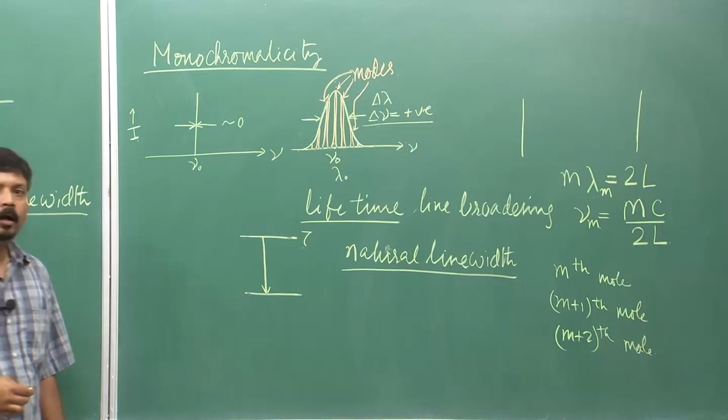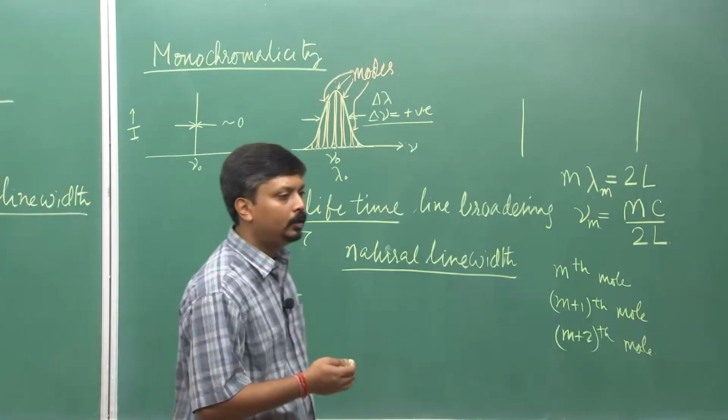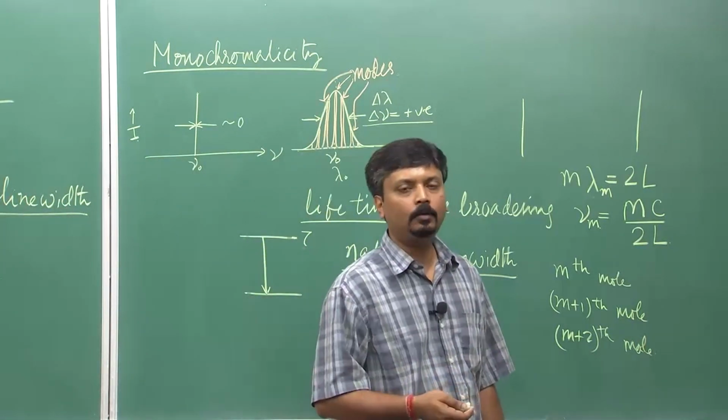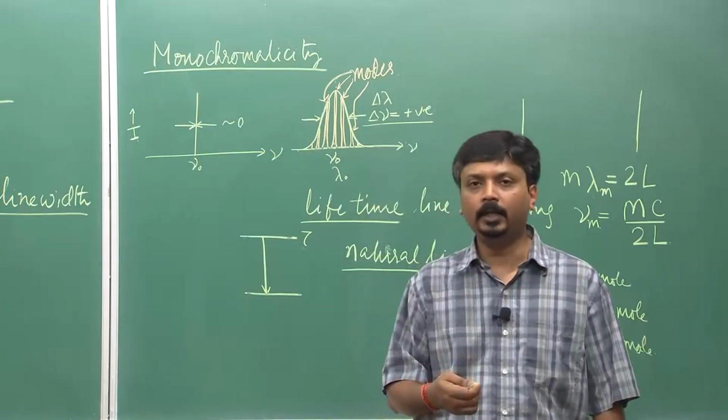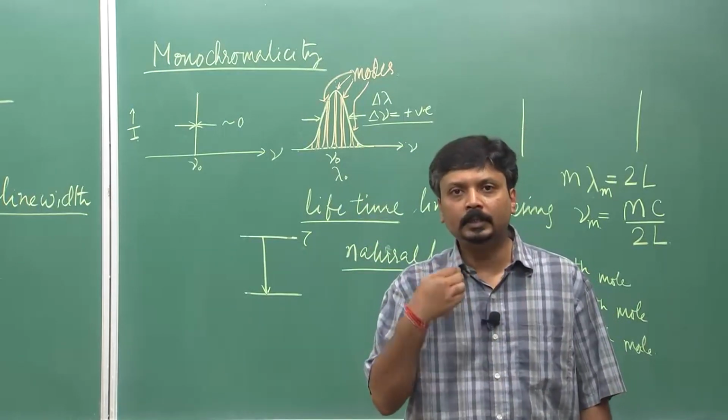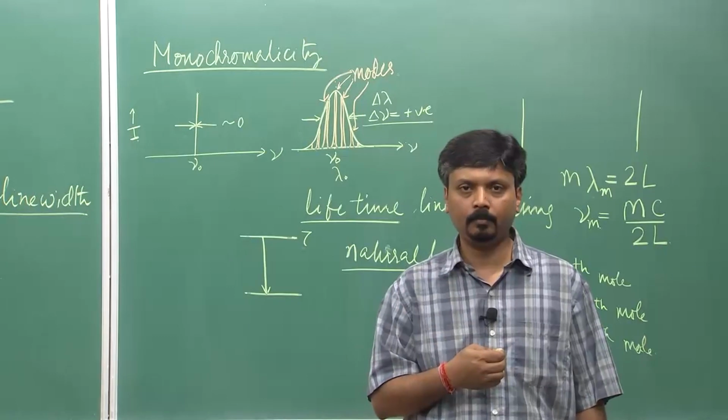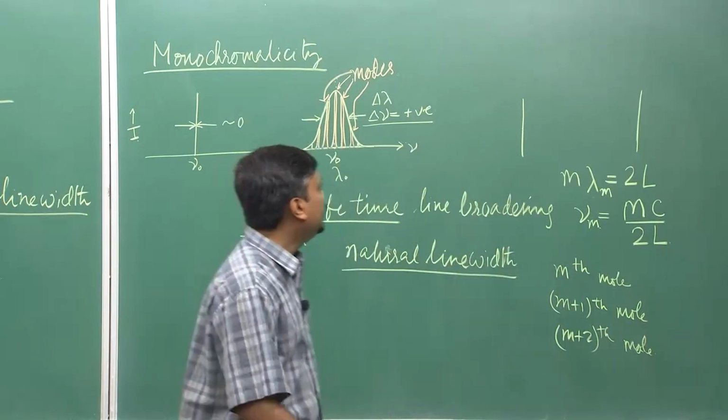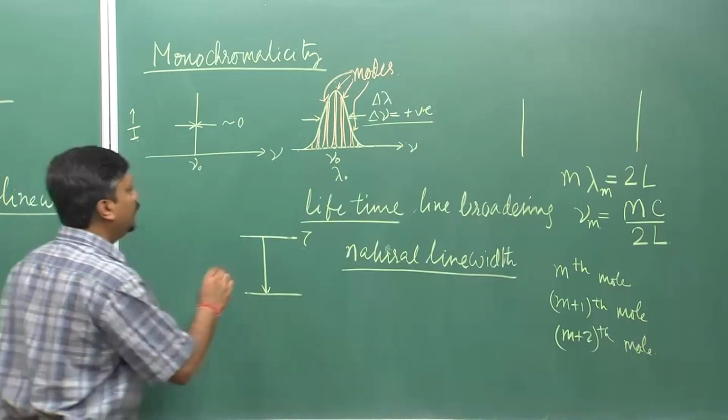And we cannot separate them just like that. We have to do something in order to select one of them. How is it done?